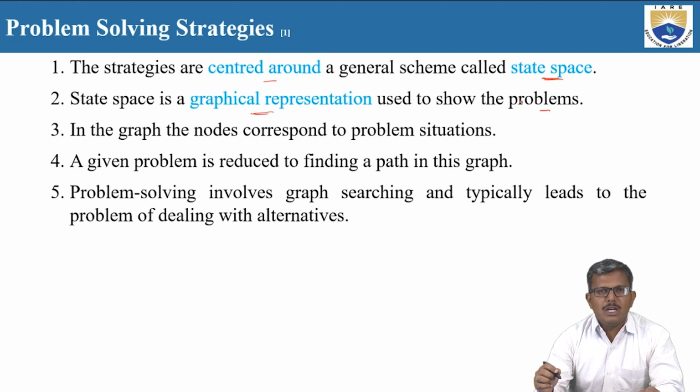As we just said, especially in AI programs, a given state will be given to you and you will be asked to move to the desired state. If you write a program, it is easily understood by another programmer. But if the user has a non-programming background, only this graphical representation will help him understand how the problem has been solved.